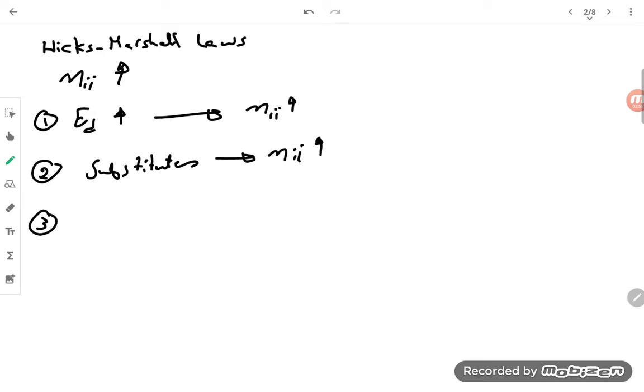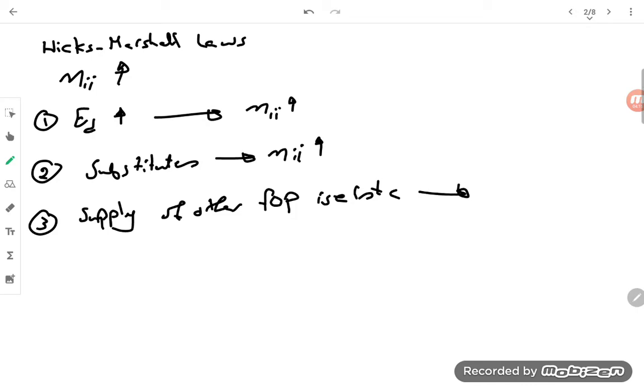Number three, when the supply of other factors of production is elastic, so demand for this factor will be elastic.